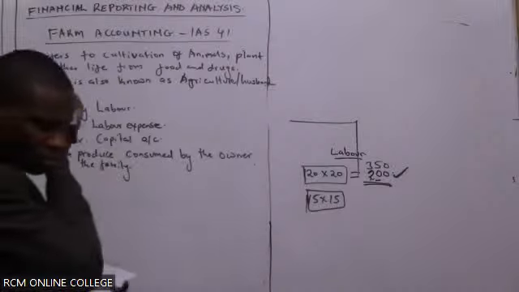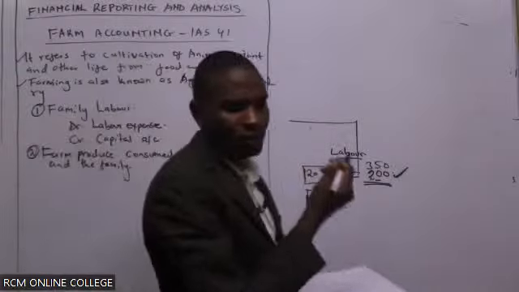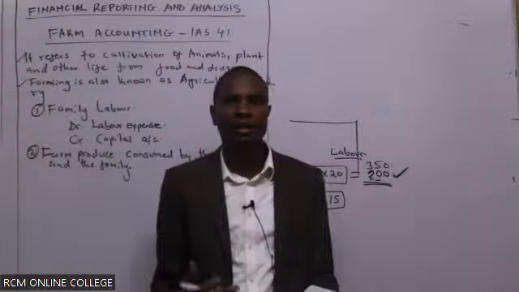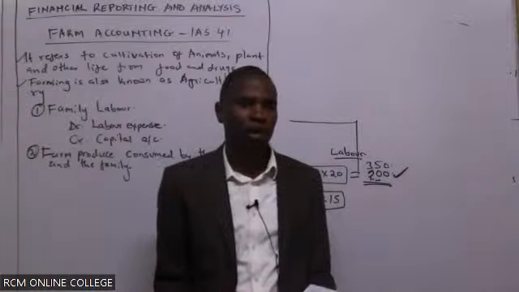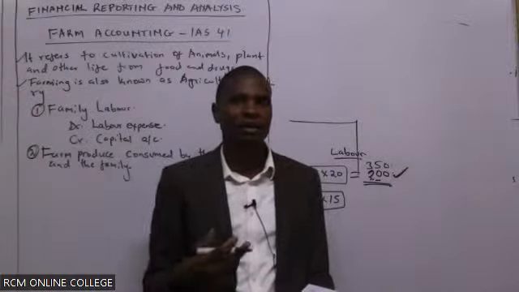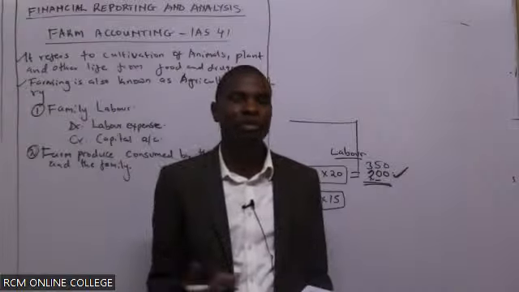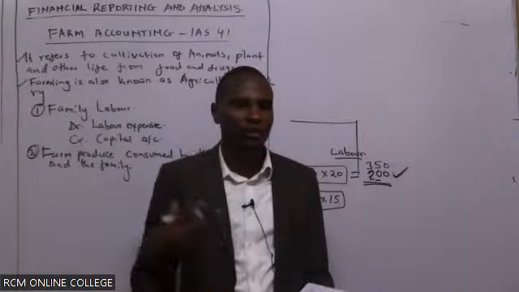Be it milk, be it crops, maize, the family consumes. How do we treat that? Is it an expense? Is it treated as a capital? Or how do we treat that?